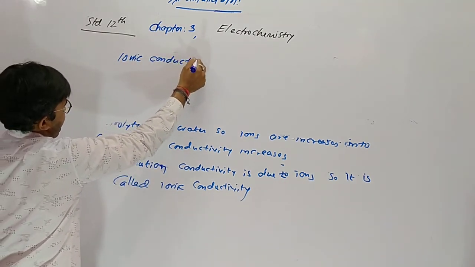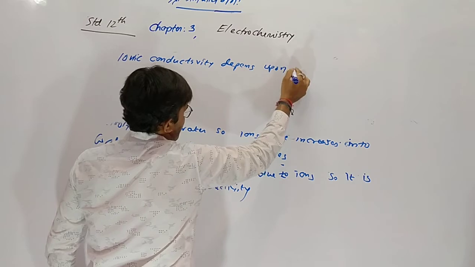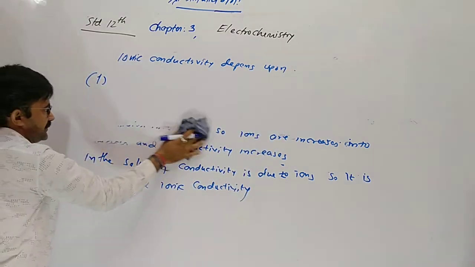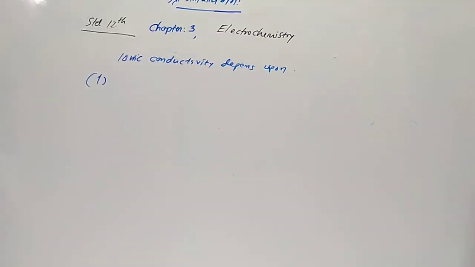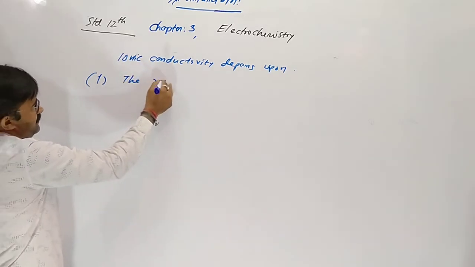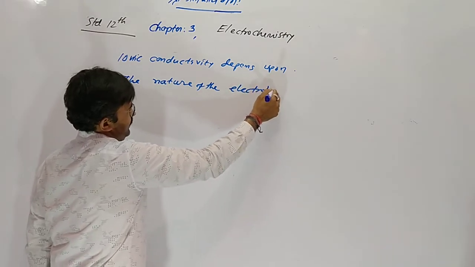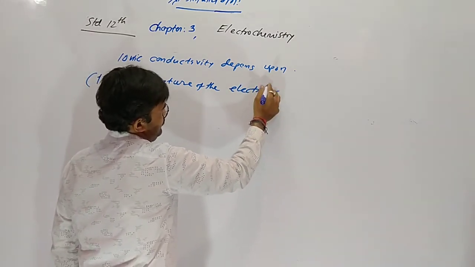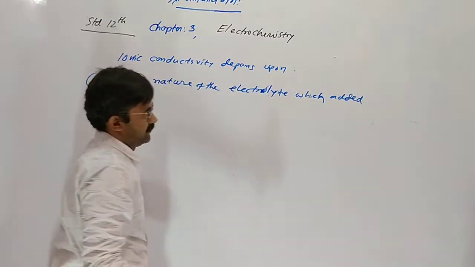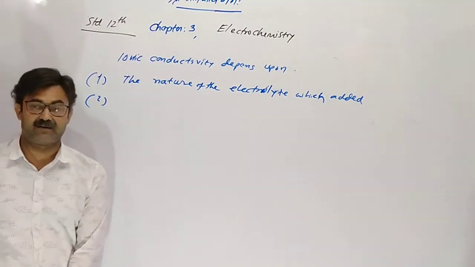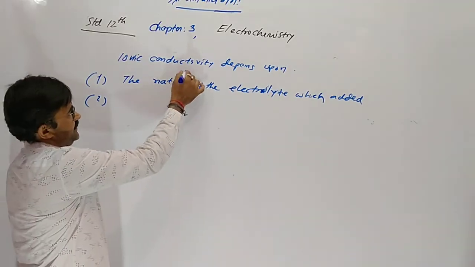Ionic conductivity depends upon 5 factors. One of them is the nature of the electrolyte, meaning the electrolyte added in the water.